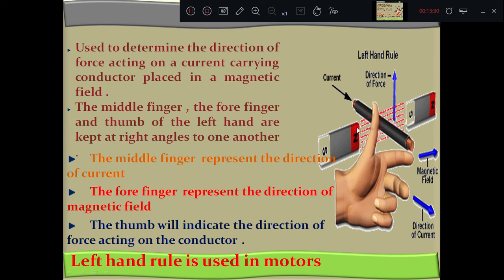A current carrying conductor is placed under a magnetic field, a force is exerted, and the direction of the force is determined by the left hand rule. In the next class we will see the back EMF and the significance of back EMF, and also we will derive the torque.